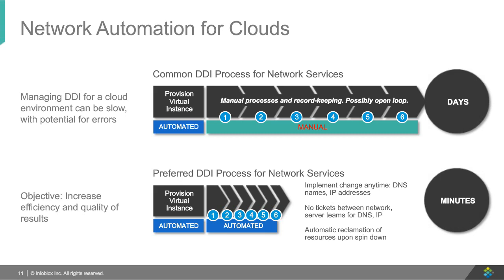Since you have the workloads spread across different types of cloud, this makes network management more complex, right? And managing such a complex deployment model manually is just not feasible, right?